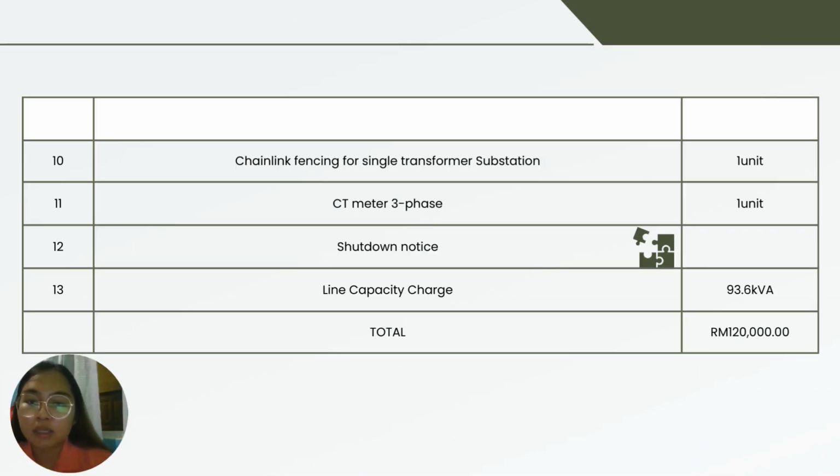Chain link fencing, meter three phase, shadow notice, line capacity charge. Line capacity charge is mentioned in the load details turnkey, where the charge is 93.6 kVA. And the total overall cost estimation is 120,000 for the project.